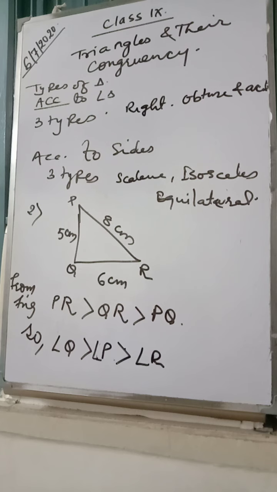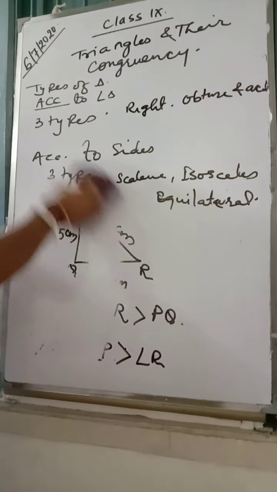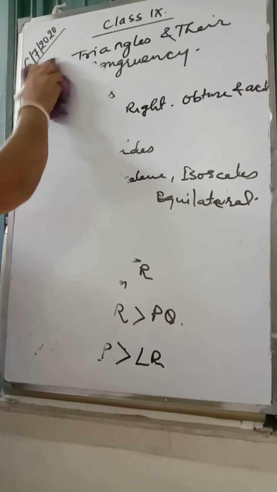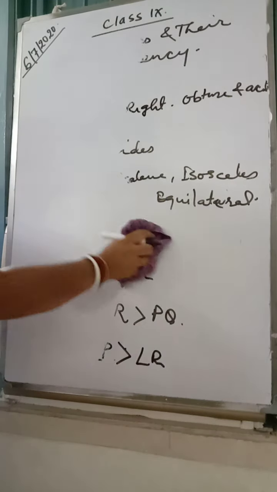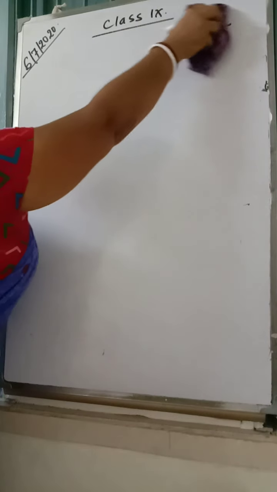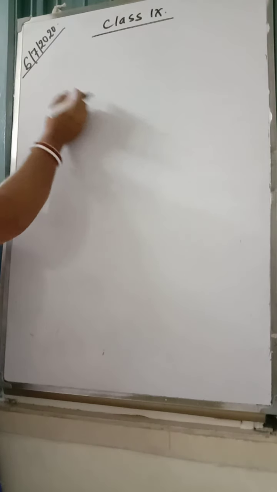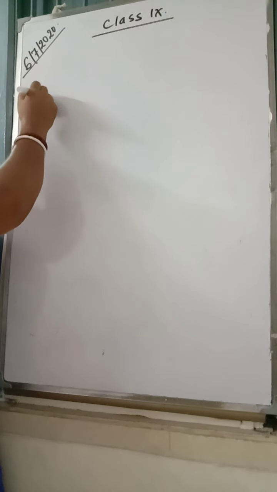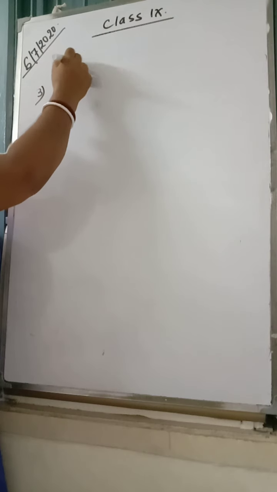Now the third relation is, if two sides of a triangle are equal, then the angles opposite to them are also equal. That is the isosceles triangle. As we know, the base angles are equal. We are not talking about congruency. We are talking about relations between triangles, sides and angles.